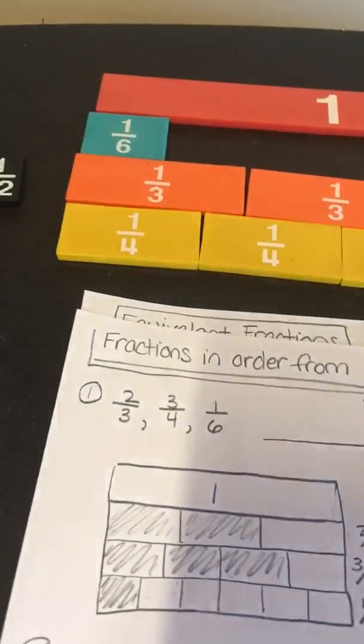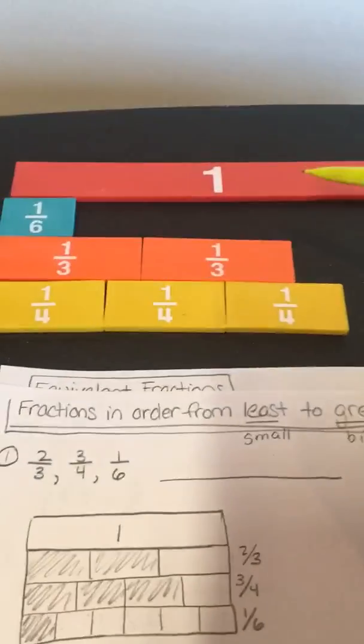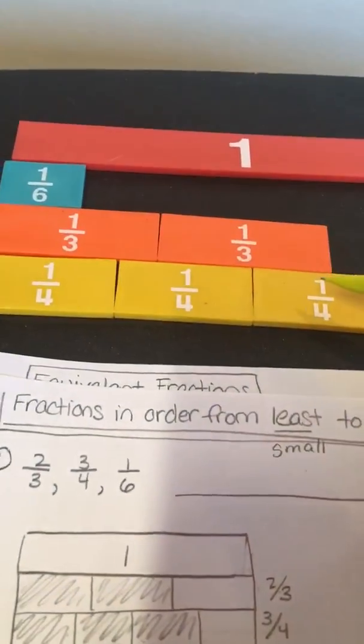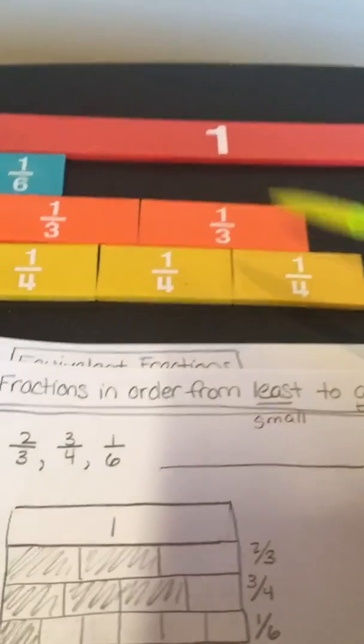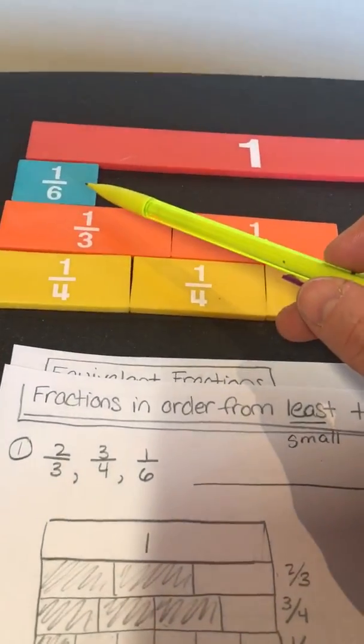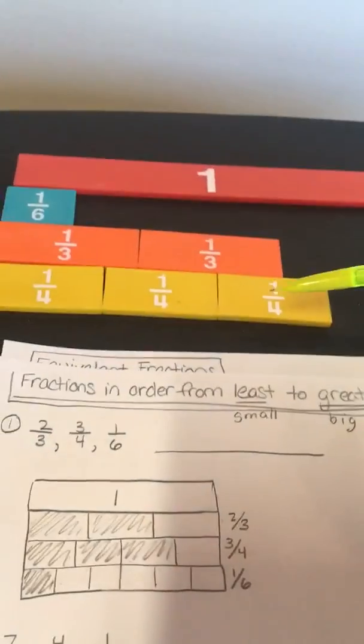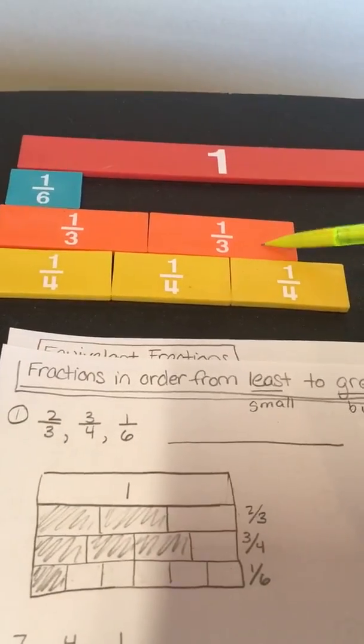So I'm going to pull the rest of those out. So here's my sketch, and here's my actual ones. And if I look up here at either my sketch or on my fraction strips, I can see that 1/6 is definitely smaller than 2/3 and 3/4. And I can see that 3/4 is a little bit bigger than 2/3.